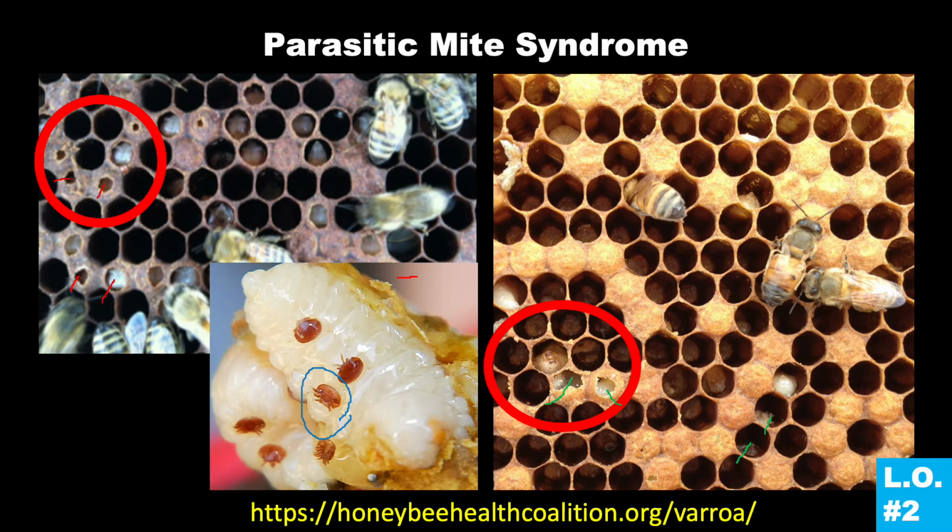You can see the evidence of these mites here, and they're predominantly a problem within the capped cell because just before the cell is capped, the female mite will crawl into the cell underneath the larva, and then once the cell is capped, she will lay up to 20 or 30 eggs, which will hatch into these adult mites while the bee is undergoing the last stages of metamorphosis inside the capped cell.